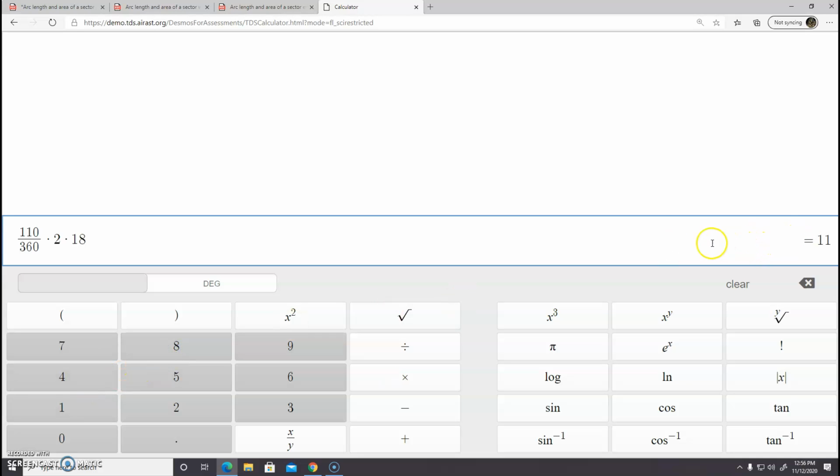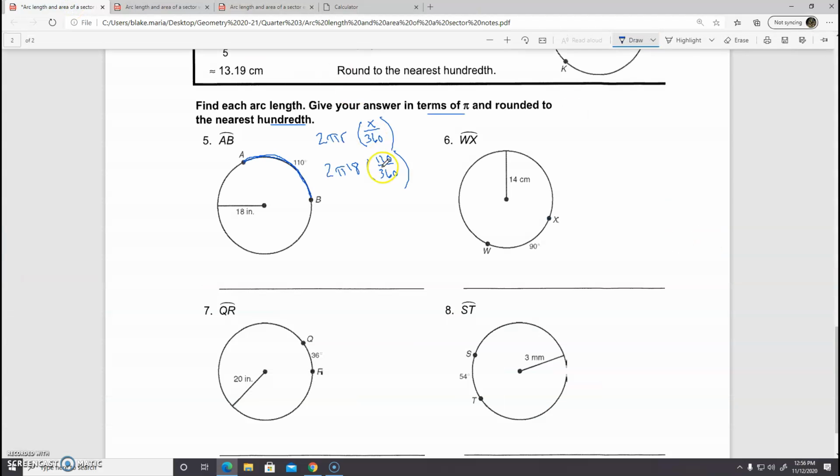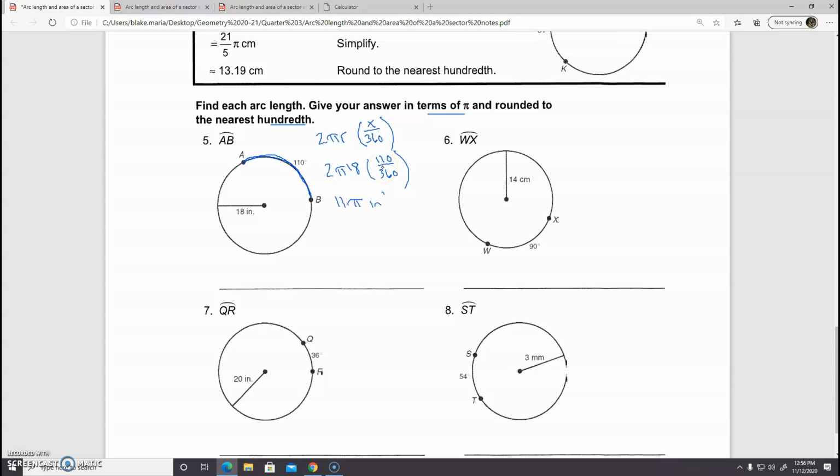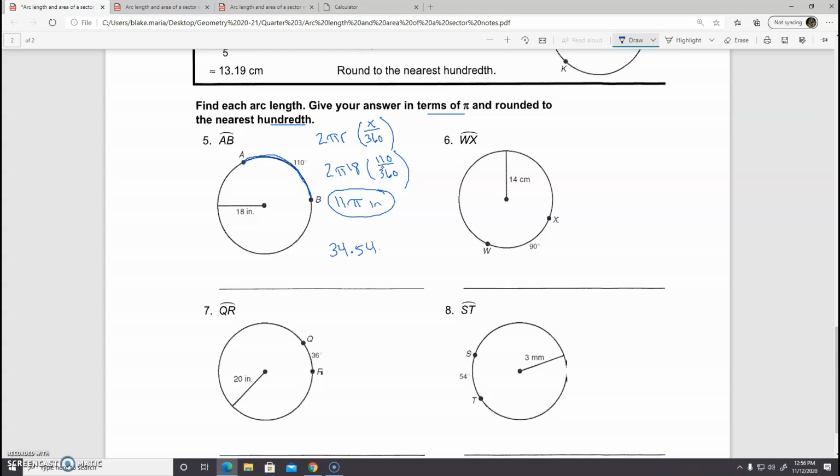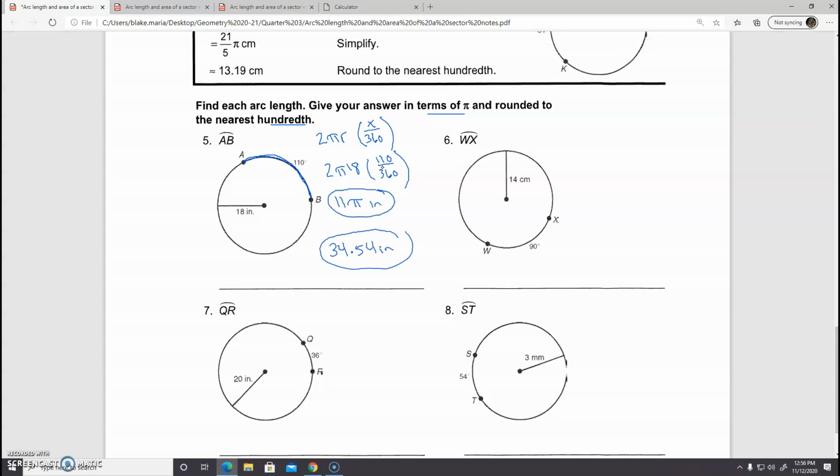And I got 11. So we come back here. We have 11 pi inches. Again, this would be in terms of pi, or exact. Go back to your calculator, 11 times 3.14, and you should get 34.54 inches. This is rounded to the nearest hundredth.